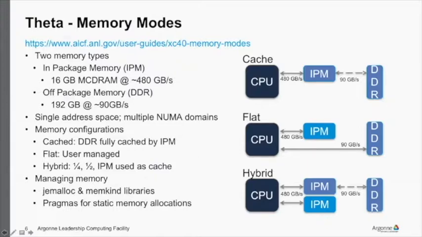In flat mode, you are explicitly setting control over how memory is allocated. You can explicitly allocate into the DDR4 memory, the slower memory, or you can explicitly allocate into the high bandwidth memory. And examples of where an application may do that is if many of your kernels are not memory bandwidth sensitive or bandwidth limited, typically you can allocate those arrays into the DDR4 memory.